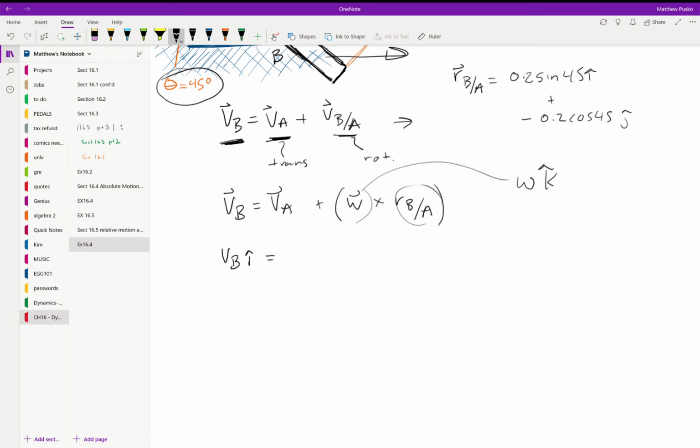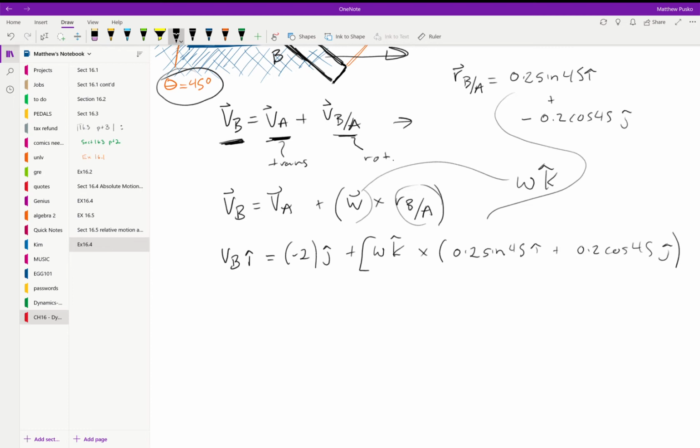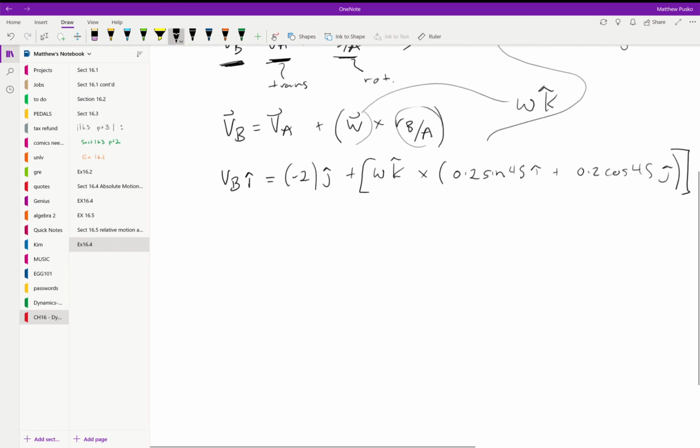Alright, we know the velocity of A is a negative 2 in the J. And then we need to do a cross product with omega k crossed into our position vector that we just came up with, 0.2 sine 45 in the I direction plus 0.2 cosine 45 in the J. Alright, excuse me.